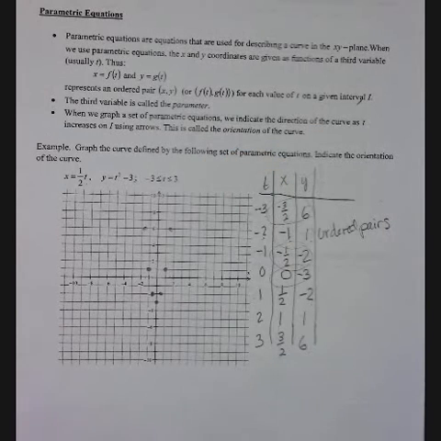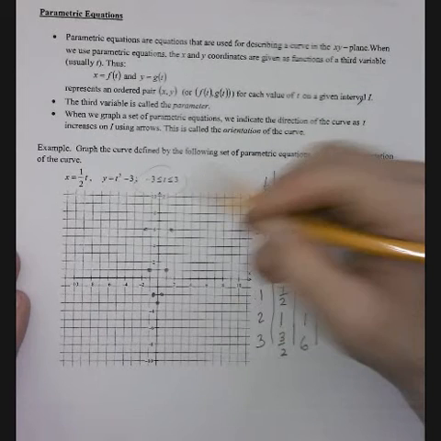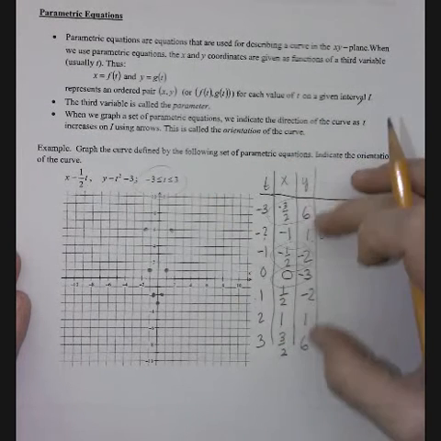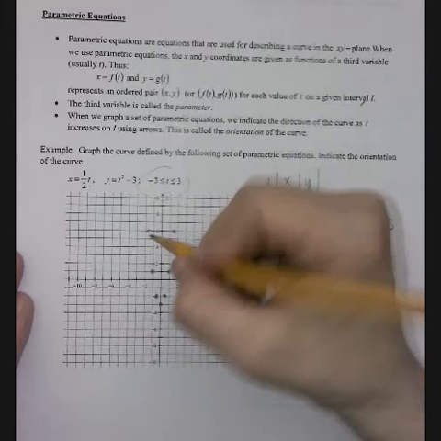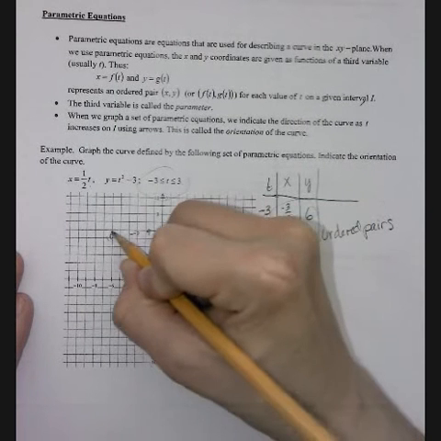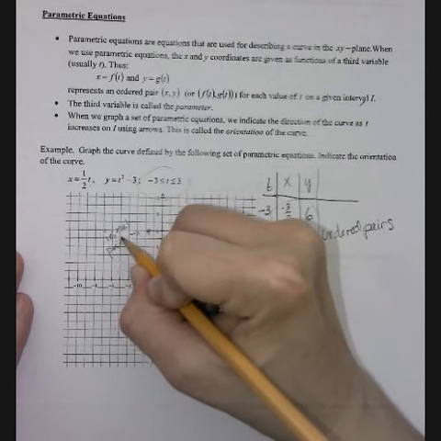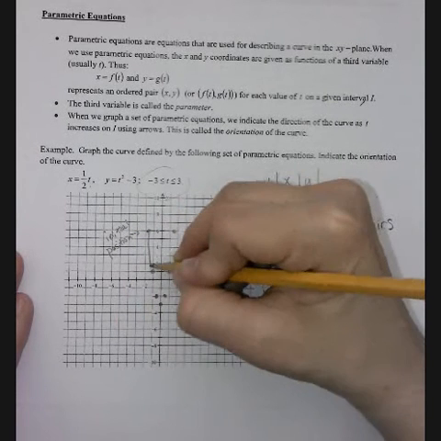Because of the restriction here, we aren't going to extend beyond where t was -3 and 3. So this starts here. This is the initial point, or initial position. And it goes down here.